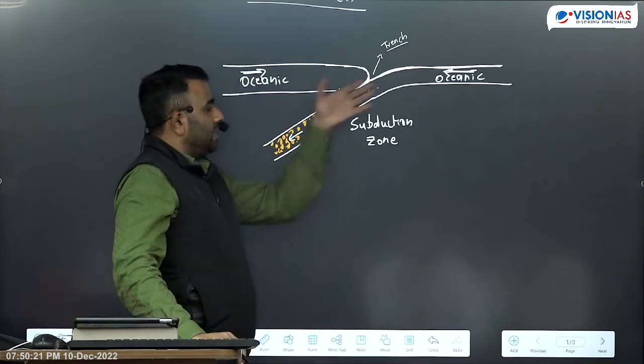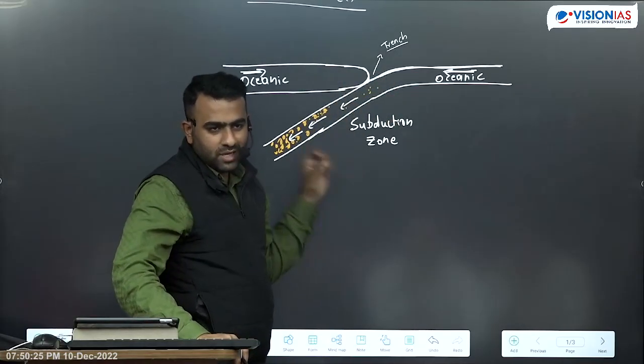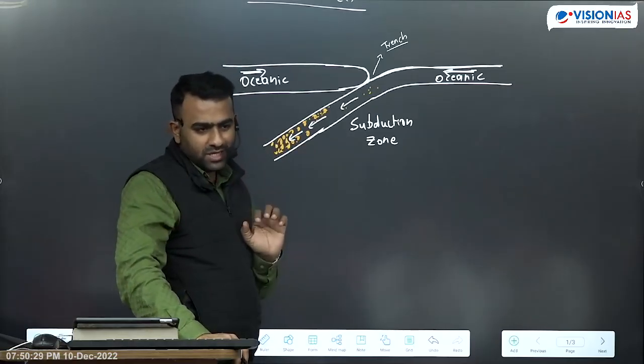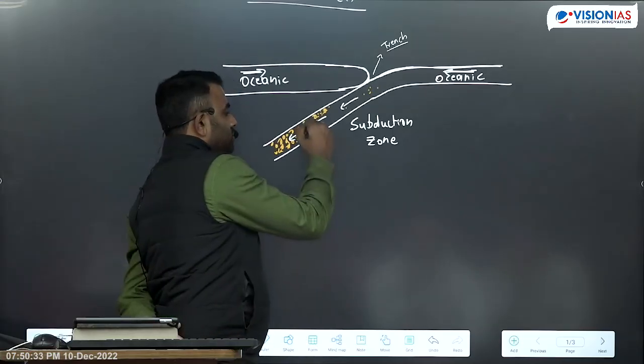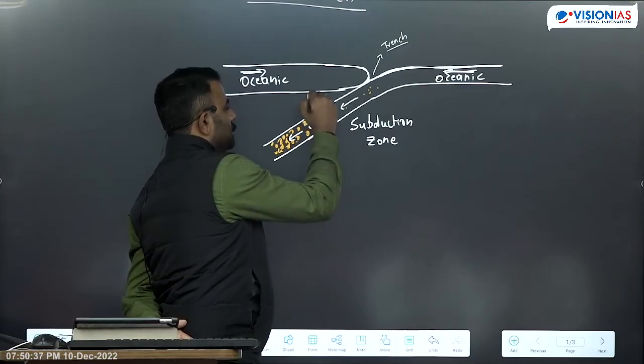The entire oceanic crust is made up of different types of rocks, and some of them melt earlier. Its melting point is much lower. It will start to melt, so before the entire oceanic crust melts, these parts will melt. As it melts, it results in the generation of magma.